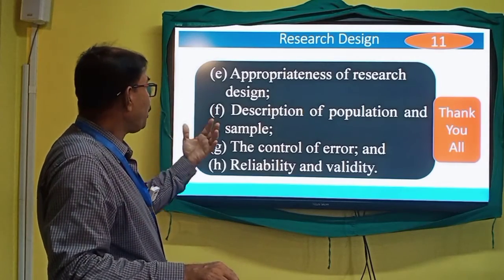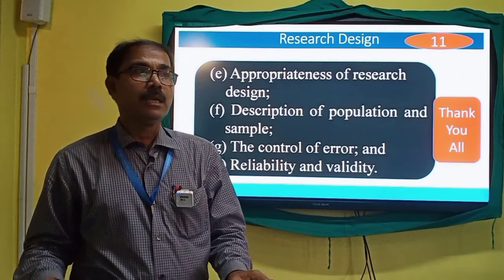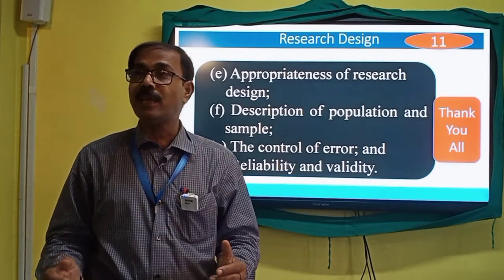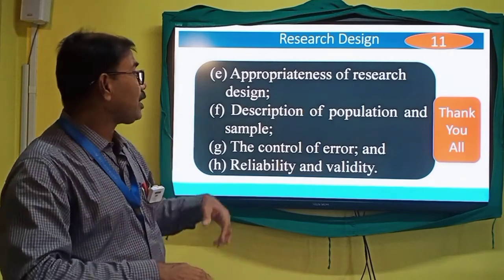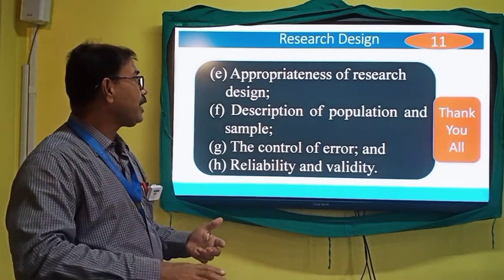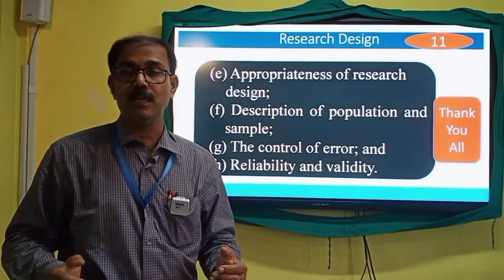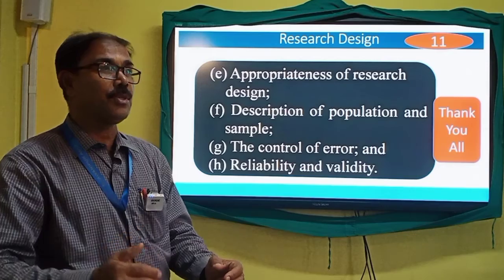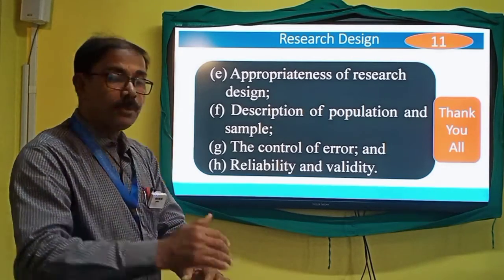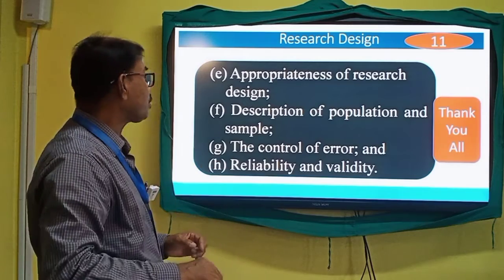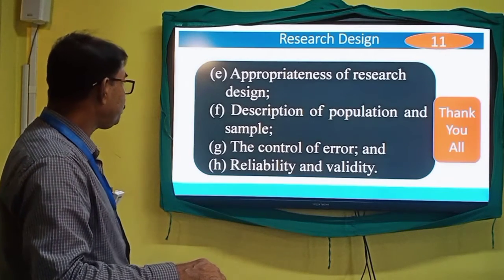Description of population and sample is very much important, because in empirical research and database research, the term population has special significance, and sample also has very important meaning, and that's why in database research we must explain the population of our study, and at the same time we are to specify the sample.